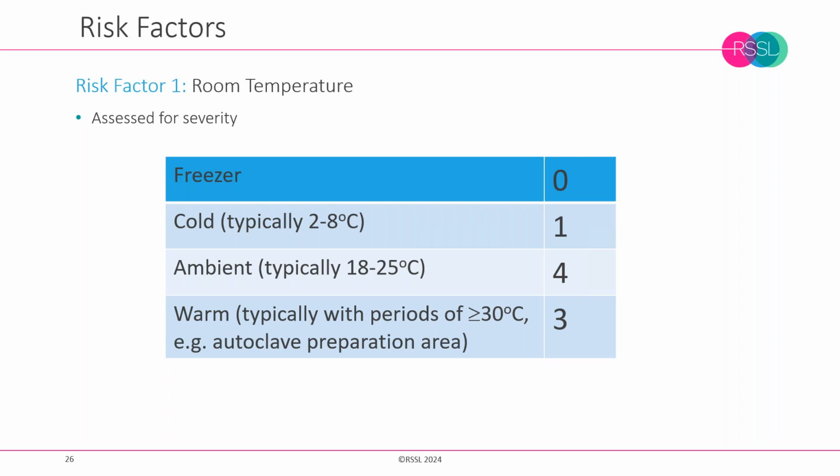And here there's a different scoring system that's been used. So with a freezer, most freezing is microstatic or it's microcidal. So it either leads to no microbial growth or it kills microorganisms.